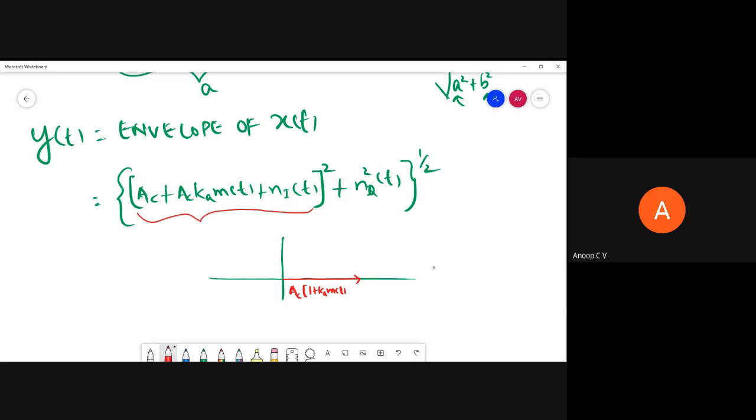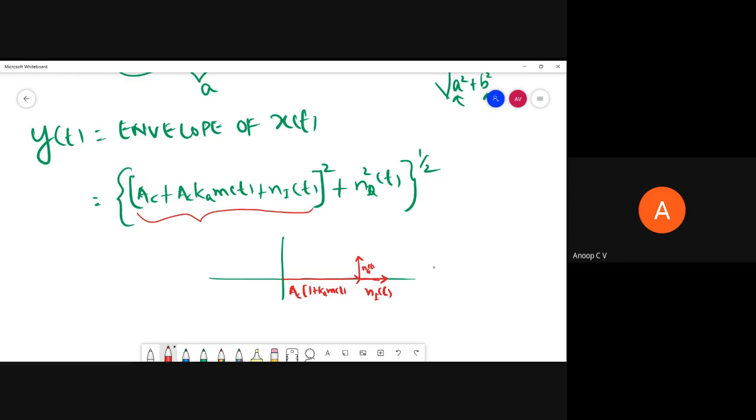To this we have the in-phase component of noise, right? In-phase component means ni of t also will have the same phase angle. Then we are adding the quadrature phase component. Quadrature phase component means nq of t will be at 90 degrees to it, right?